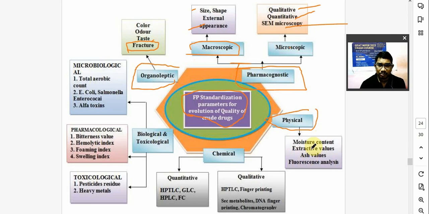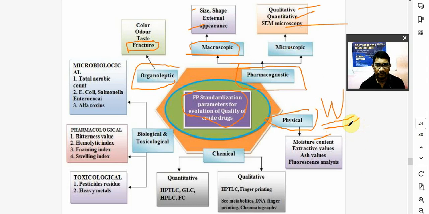You can measure the moisture content. For moisture content measurement, you have different methods. First one is known as the toluene distillation method. Second method is known as KF reagent, Karl Fischer reagent, and third is nothing but IR spectroscopy.